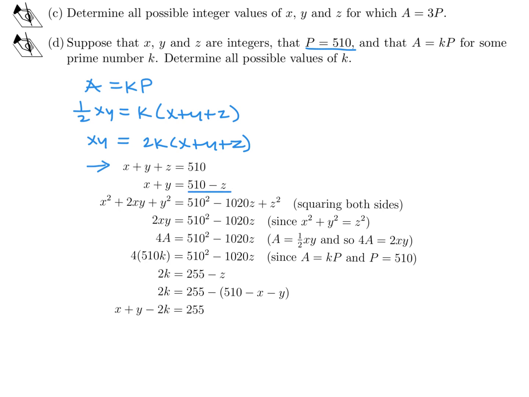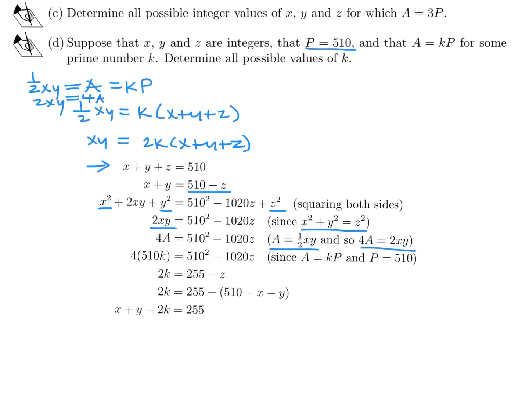And then square both sides, and you get this big long thing. And then isolate for 2xy, remembering that x squared plus y squared is equal to z squared. And that allows you to cancel that out. And then remember that A is equal to 1/2 xy. So you multiply both sides by 4, and you get that 4A is equal to 2xy.